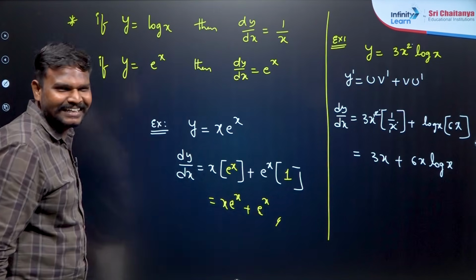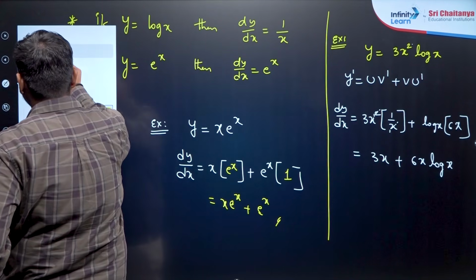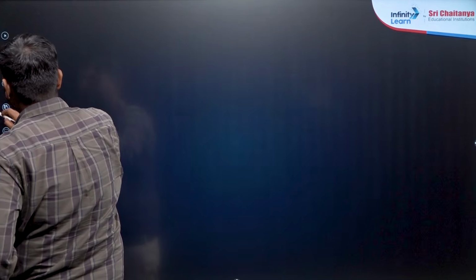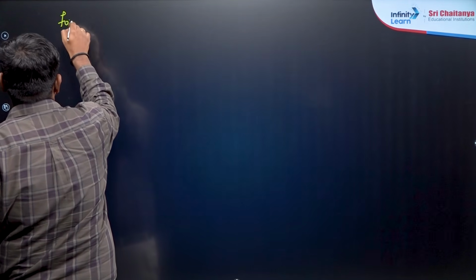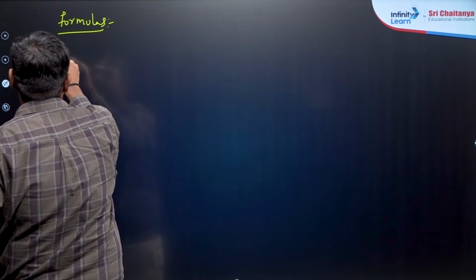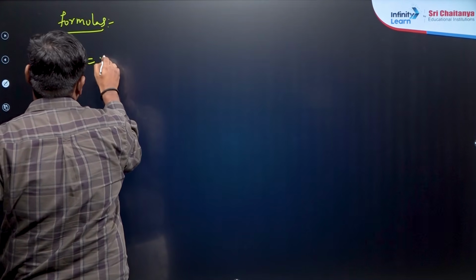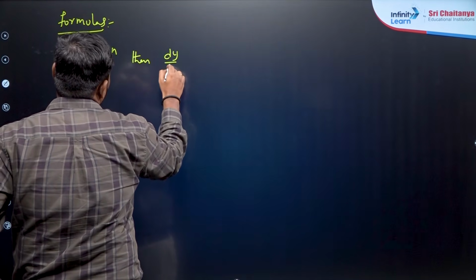I hope it is clear. So for you, I'll do one more thing. I'll try to write whatever we have discussed so far, all formulas in one sheet, so that it will be very helpful for you. So please read and write whatever we are writing.